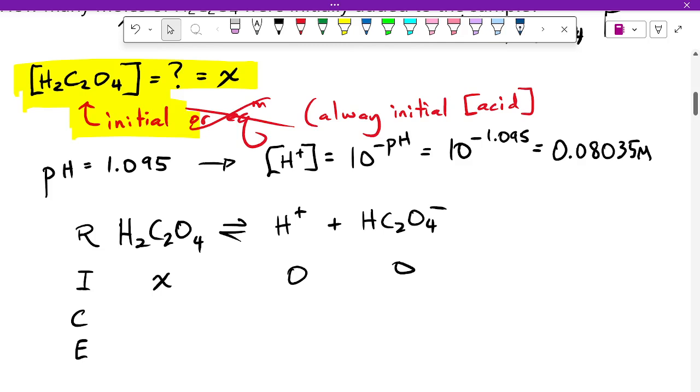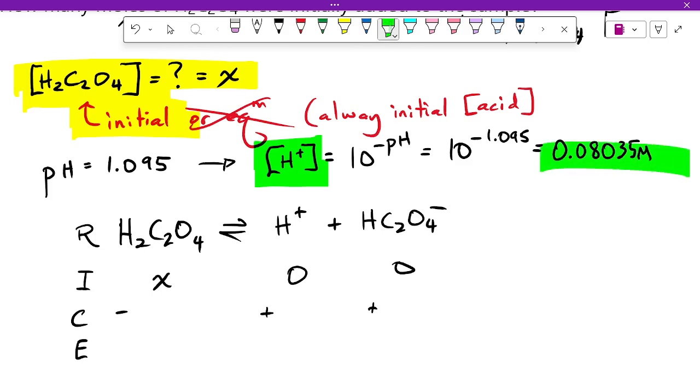What should we fill in next? We're going to have pluses and minuses, so we can put in a plus and a plus and a minus. We know that hydrogen is 0.08035. So where would we put that? Yeah, that is our equilibrium concentration, 0.08035.